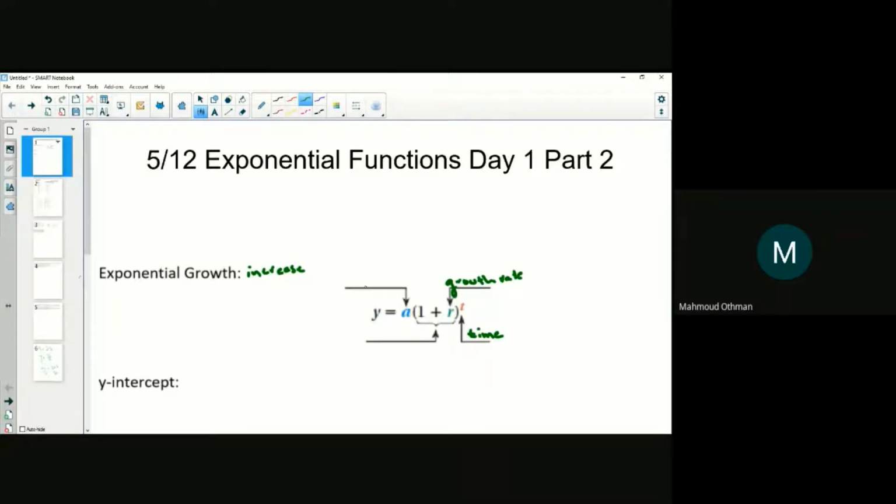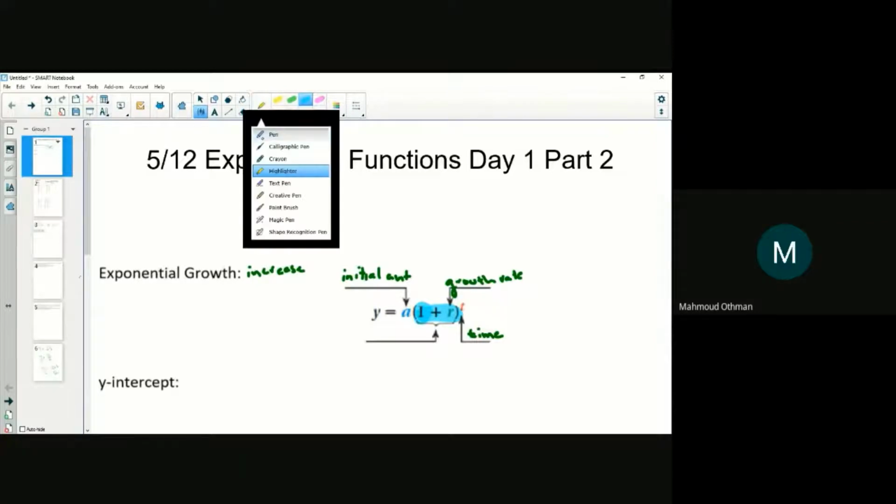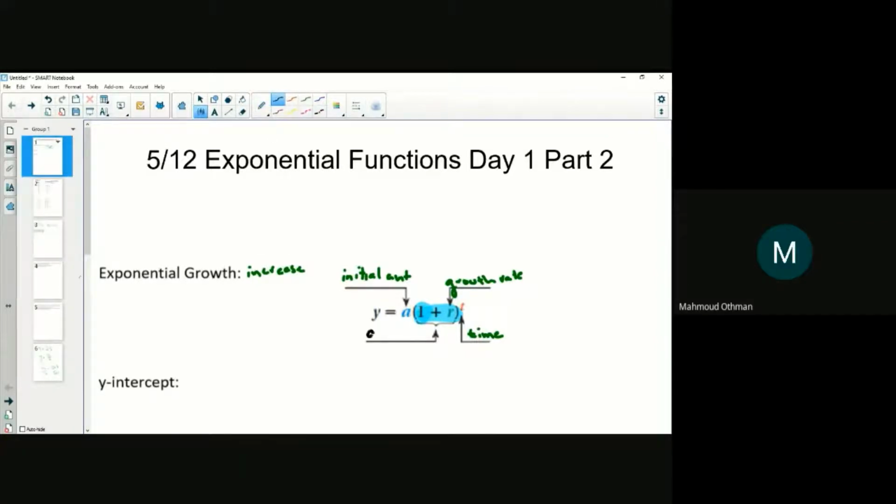So this A right here is the initial amount. And the 1 plus R, this entire part that I'm highlighting, that's what is known as the growth factor.